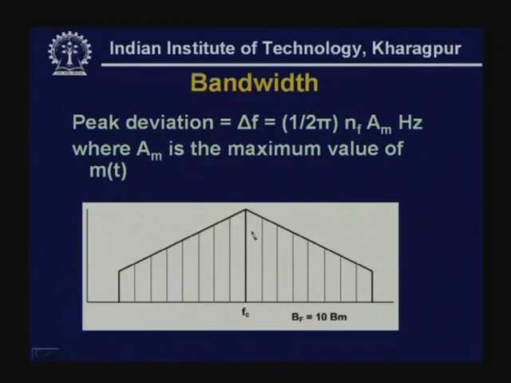Now, as we can see in this particular case, the bandwidth requirement is 10 Bm. If Bm is the bandwidth of the modulating signal, the bandwidth of the modulated signal is 10 Bm. That means, suppose we are trying to send an audio signal using FM, which has a bandwidth, let us assume, of 15 kilohertz, then the bandwidth of the modulated signal will be 150 kilohertz.